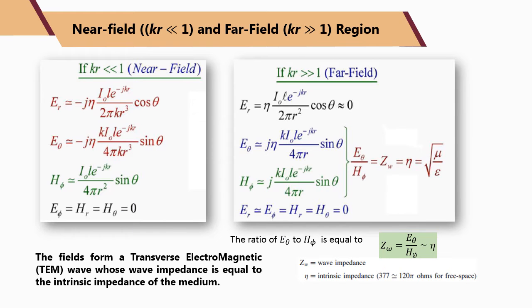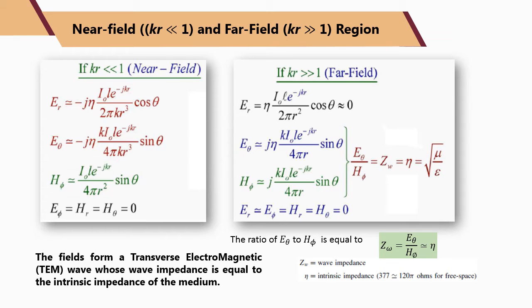Okay, for the near field and the far field regions, the E field and H field can be simplified by the equations as shown, depending on the region where the field lies.